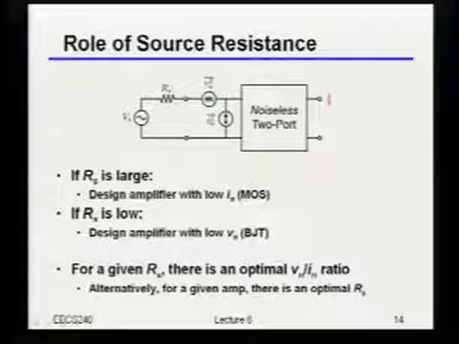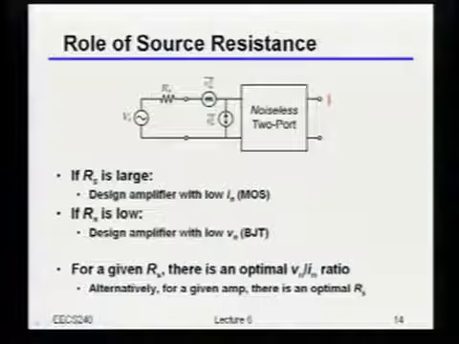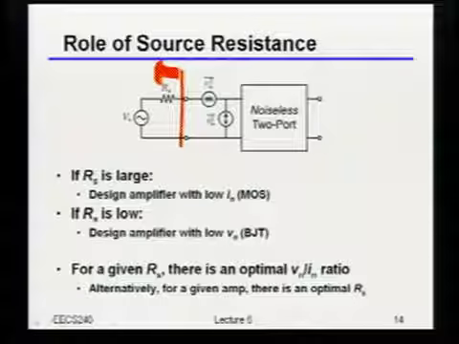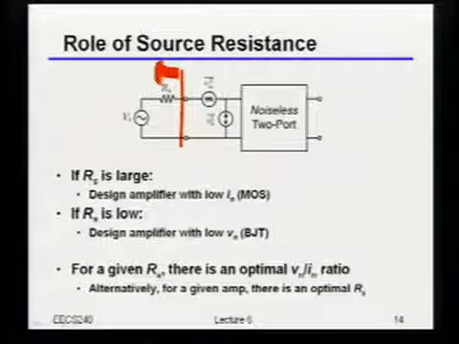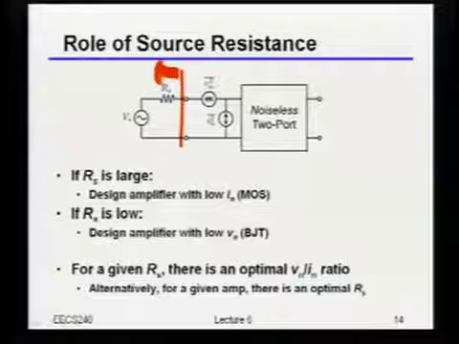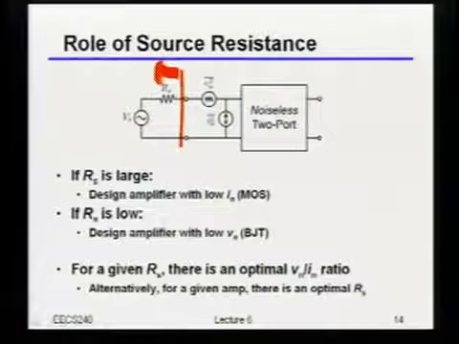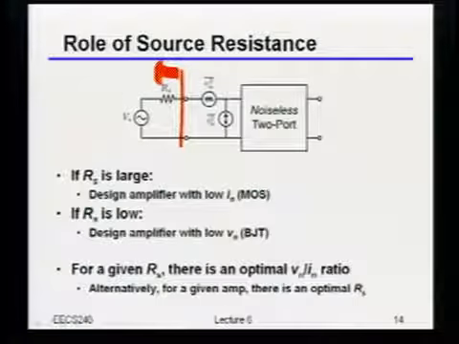Unfortunately, you don't usually get to control the source impedance. That's fixed by what you're trying to do. So a fixed source impedance implies what kind of amplifier you would want to use to get the best noise performance in that application.